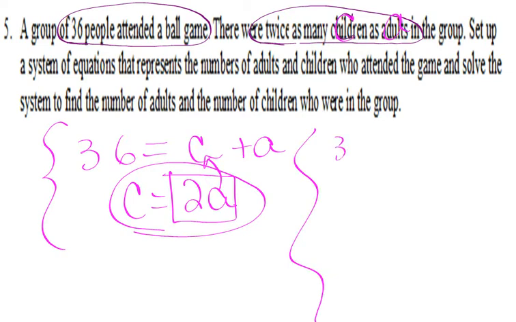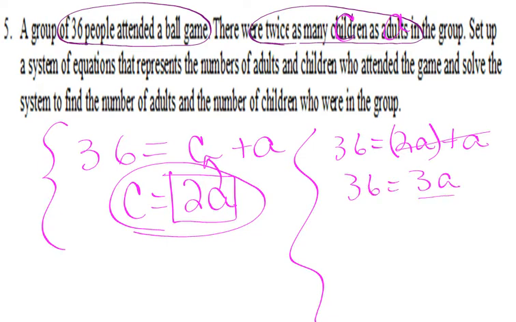So we've got 36 equals c, which is 2a plus a. Right? And now 2a plus a is 3a. So 36 equals 3a, divide each side by 3, and we get a equals 12. So the number of adults is 12.